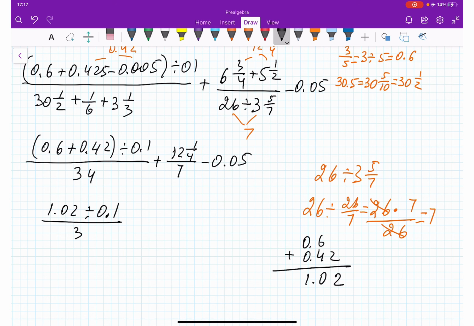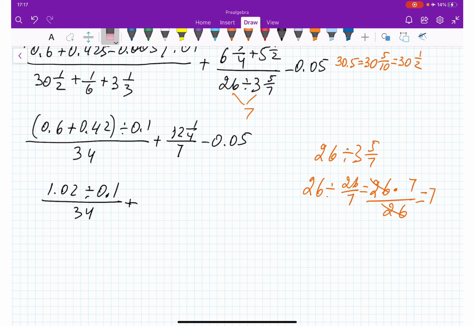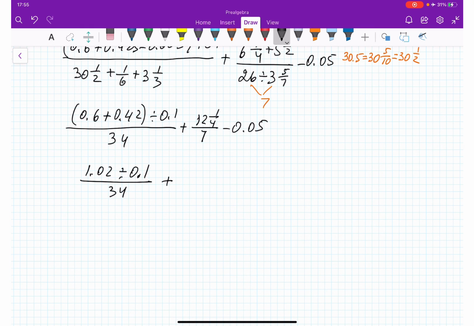Dividing by 34 plus 12 and 1/4 divided by 7. Okay. So 12 and 1/4 we divide by 7. So 12 and 1/4, it's going to be 12 times 4, 48, and 1, 49/4, and dividing by 7, it's going to be 49/4 times 1/7.